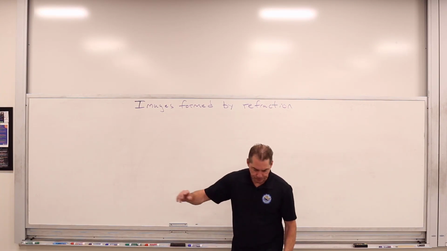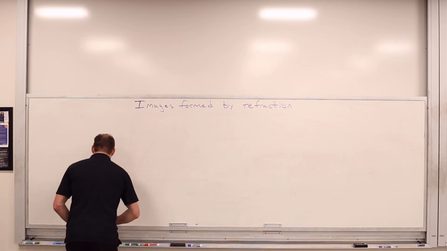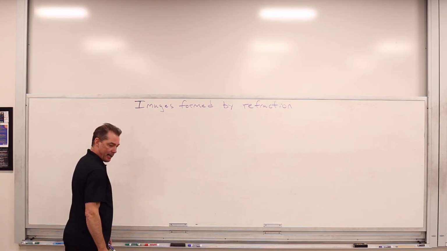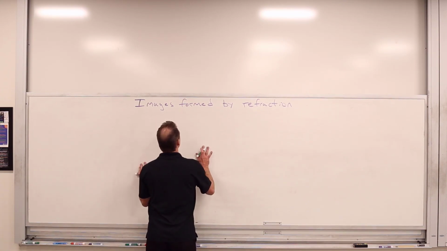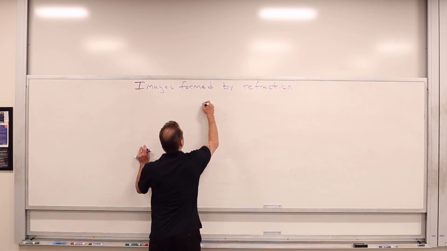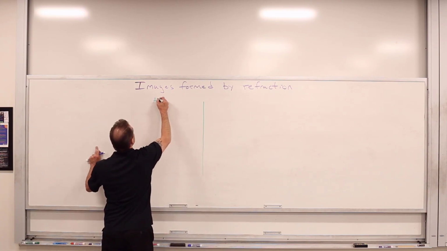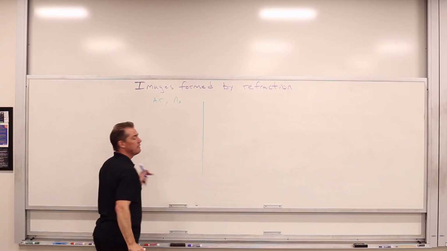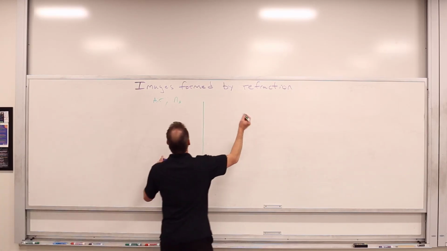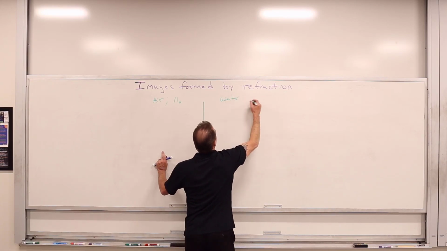So let's just take a little for instance sort of thing going on to see what we're dealing with here. We have a surface boundary between two different materials. We'll say that this is air, where we've got some N sub A, index of refraction of air, and then let's take this to be water.